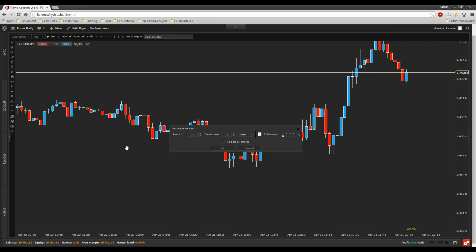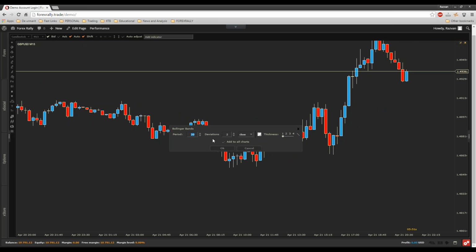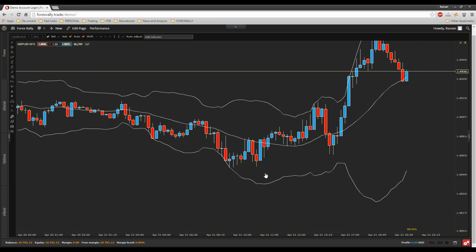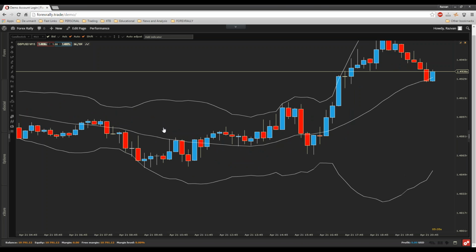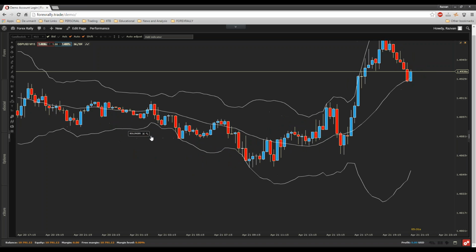Did I delete it? So I'll go here with 21 and here with 3 and add it on the chart. So using 21 as your periods, this is the moving average. You'll have a moving average here. This is the middle of the channel, and this is a 21 period moving average. And after that, you have the standard deviation of 3.